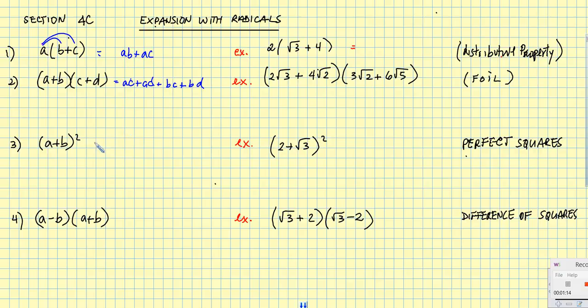And if we looked at the third situation, where we had two identical binomials, then we could use FOIL, or we could use that shortcut method, which said that we would square the first term and square the last term.